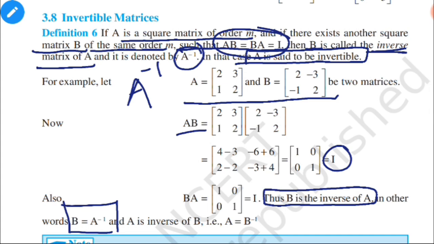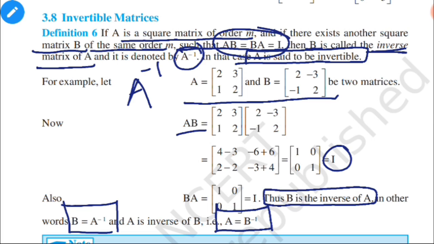And if BA equal to I, A is called the inverse of B. Using notation we will write B inverse equal to A. So that is the definition of invertible matrices.